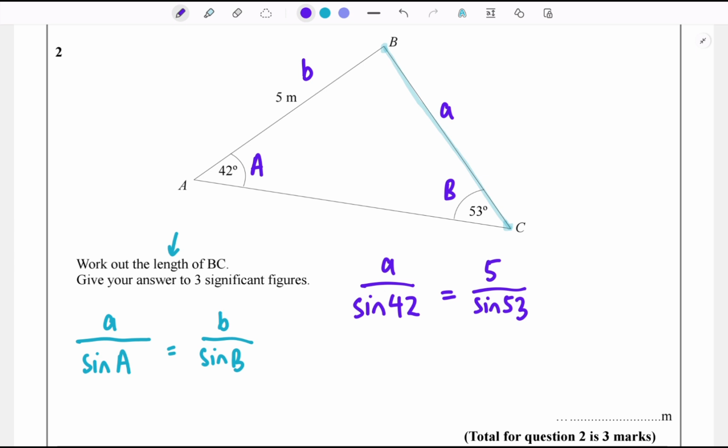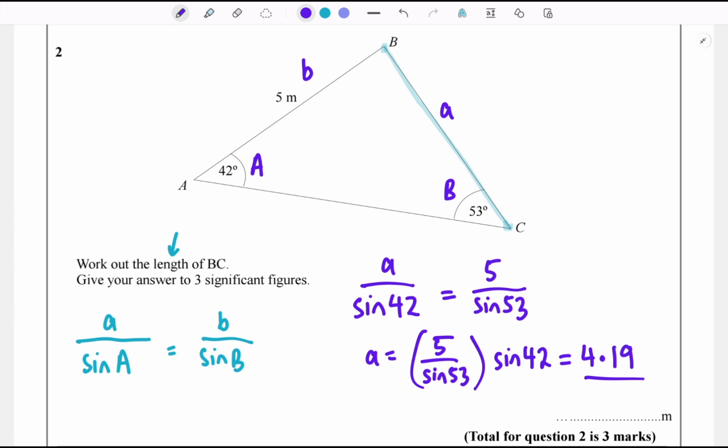And now we just need to solve this. So we want to get A by itself. So let's times up sine 42. So A equals 5 over sine 53 times sine 42. Putting that in the calculator to three significant figures, we get 4.19 meters.